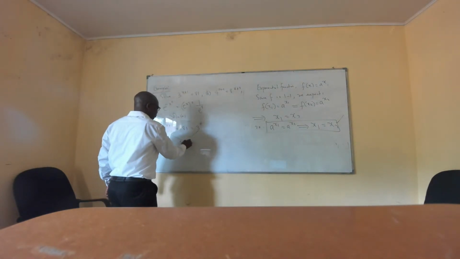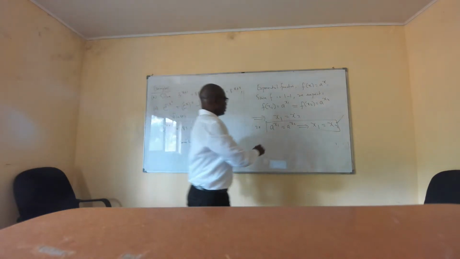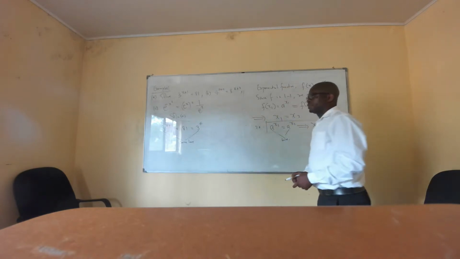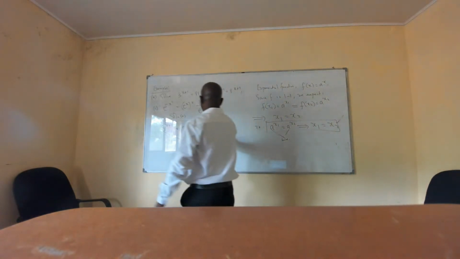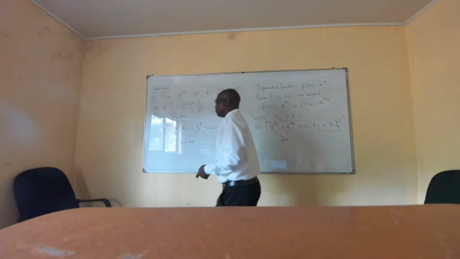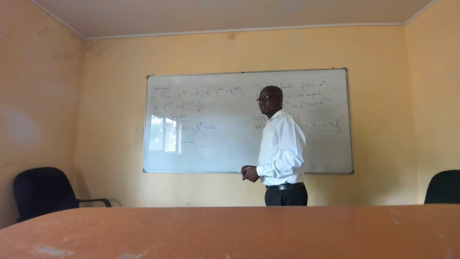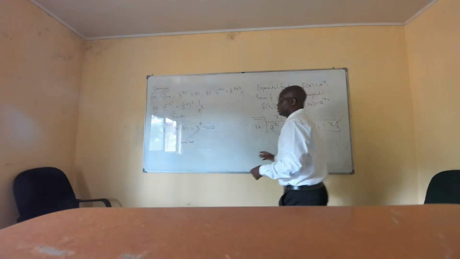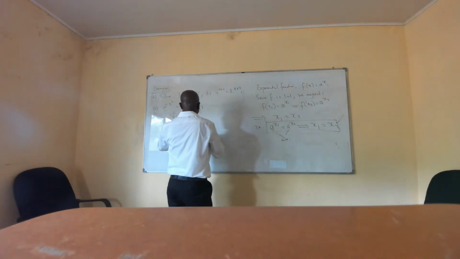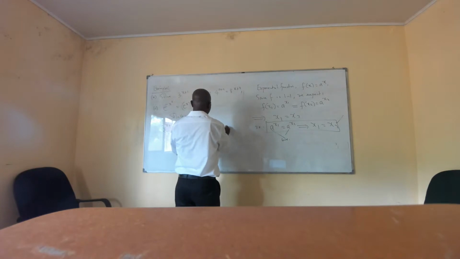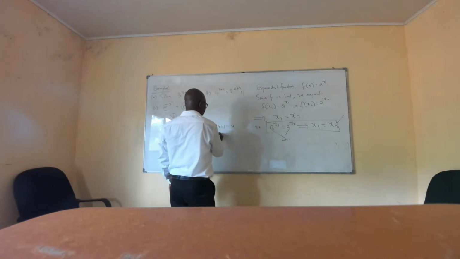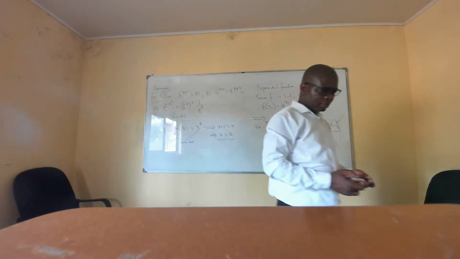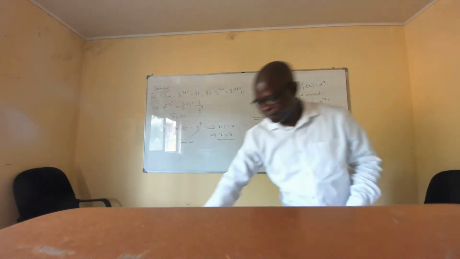That's what we are saying here. So we can use the fact that the exponential function is 1-to-1, and whenever this happens, the exponents must be the same. So x plus 1 equals 4, and your x is equal to 3 there.